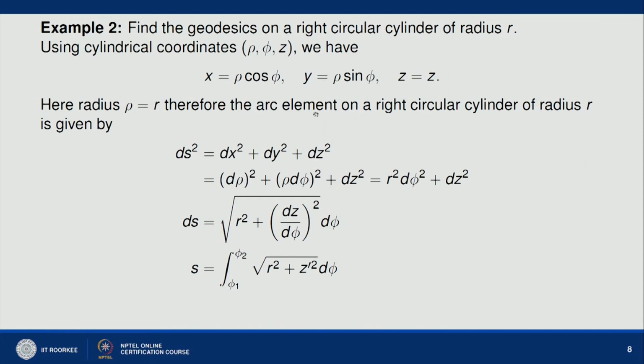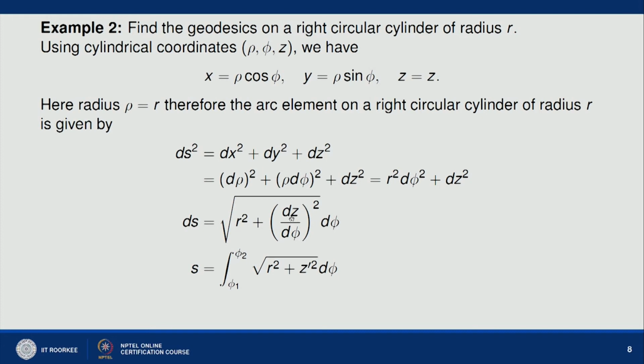So you can say that the arc element on a right circular cylinder of radius r is reduced to only r square d phi square plus dz square, because the component along rho is simply 0, since rho is a fixed quantity. So ds square is r square d phi square plus dz whole square. So ds you can write as under root r square plus dz by d phi whole square d phi.